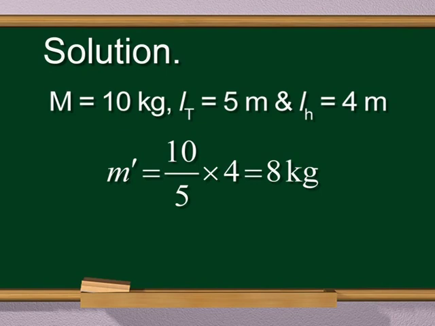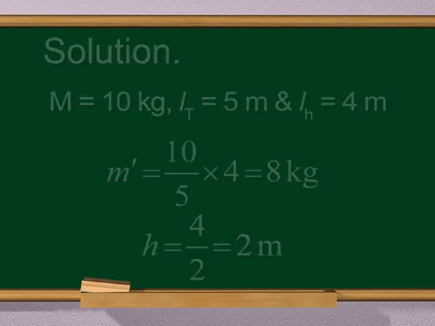To pull the entire chain on the roof, the center of gravity of the hanging part has to be raised to the roof, which lies at the center of the hanging part of the chain. In simpler words, the hanging part has to be raised through a distance h equal to 4 by 2, which is equal to 2 meter.